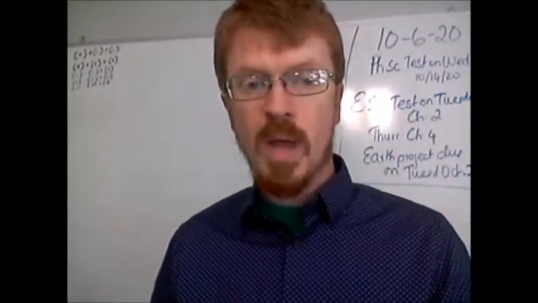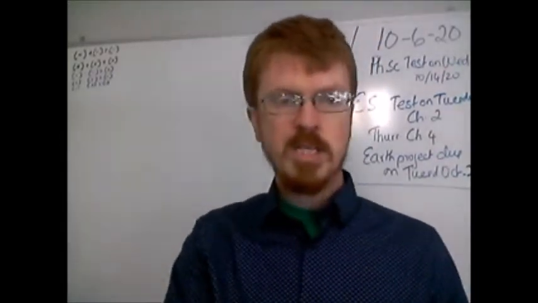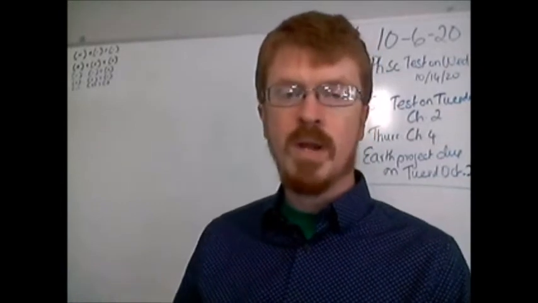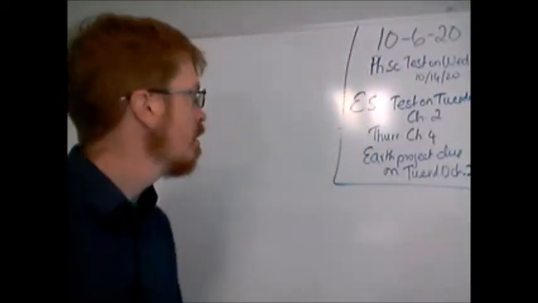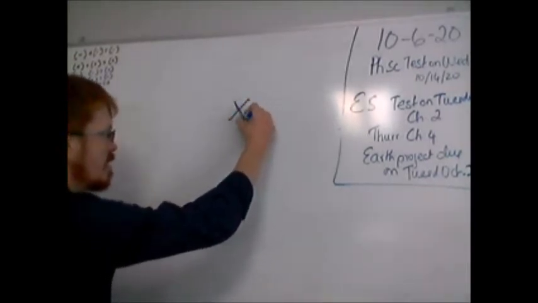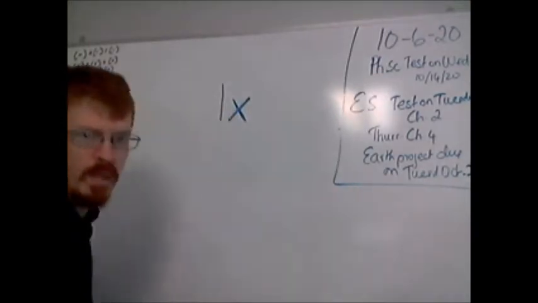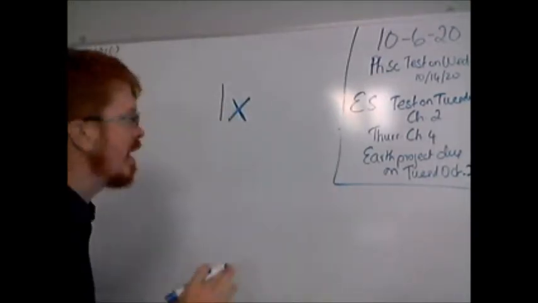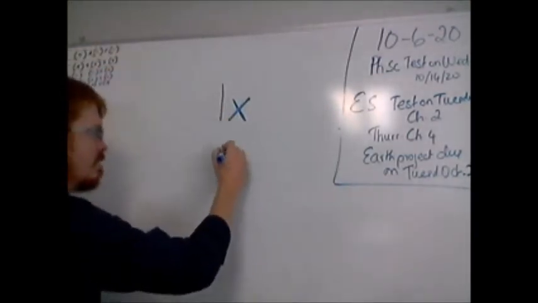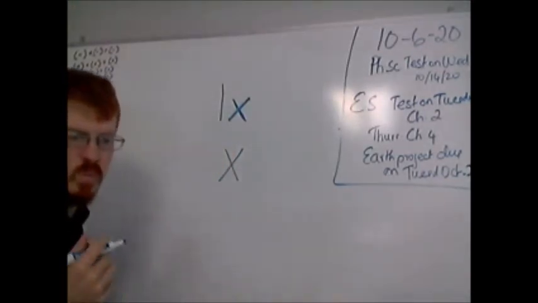All right, so let's go ahead and keep going with this lesson, page 94. This next part is something that I've taught you already, but it's a very good reminder. When you see a variable just sitting there, we assume that there is a 1 with it. Any variable that's there has a 1 with it. So even though it's an x, it is a 1x because there's one of them there.